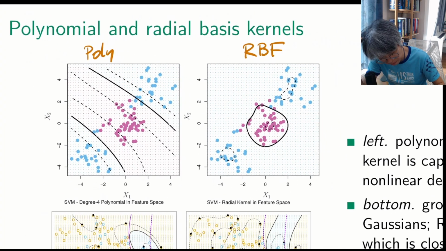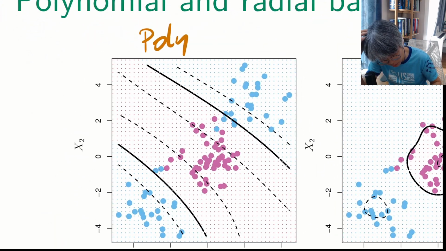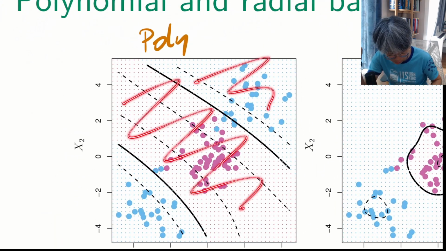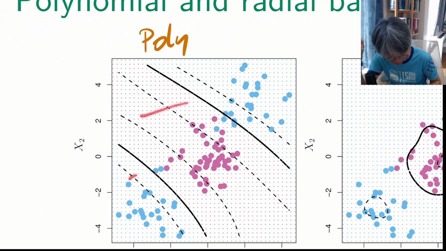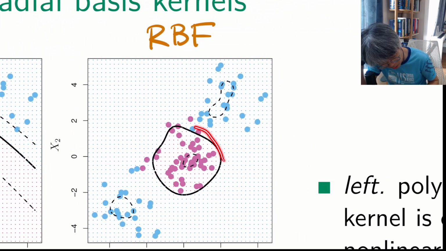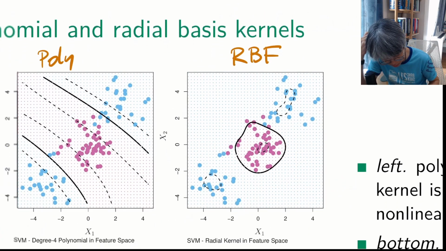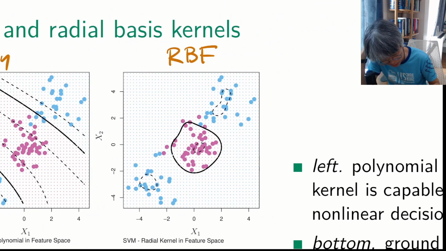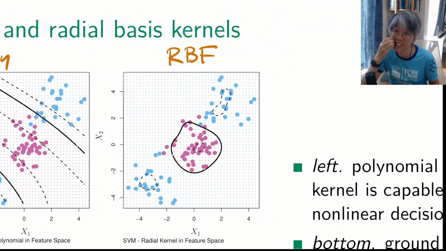For RBF, from this plot, it seems to work pretty well because it classified the blue and the pink class quite correctly. So for RBF, even though the decision rule has a different form from the polynomial, it still works well in this case.